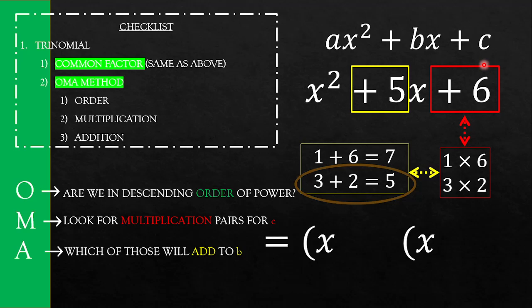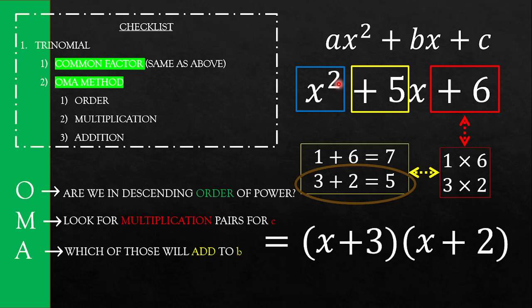And when we make this factorizing answer, we have x and x coming from that x squared up here, and then the plus 3 and the plus 2 coming from the numbers that were a multiplication pair of c and add to get b.